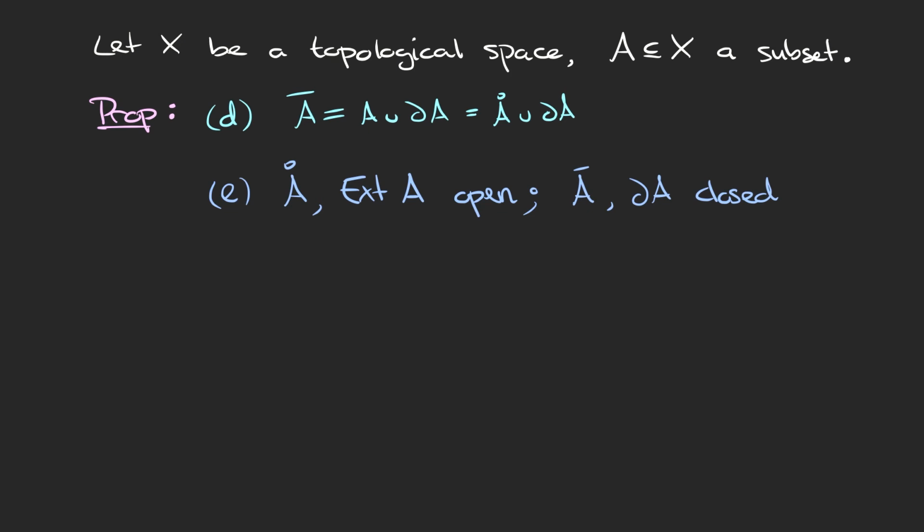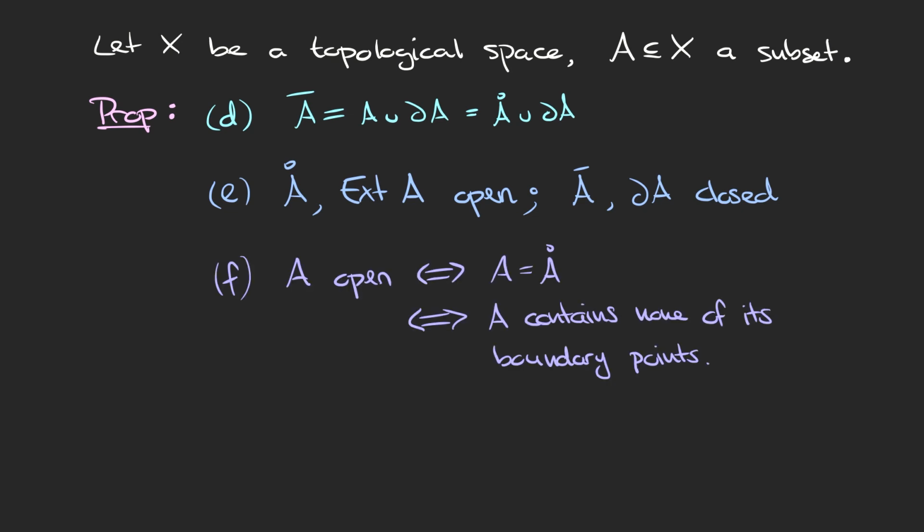Remember that the fact that the interior is open just follows from the fact that it's a union over open sets, and the fact that the closure is closed follows from the fact that it is an intersection of closed sets. And the way we've defined the exterior as a complement of a closed set means that it's open, and the boundary is the complement of an open set, and so it's closed.